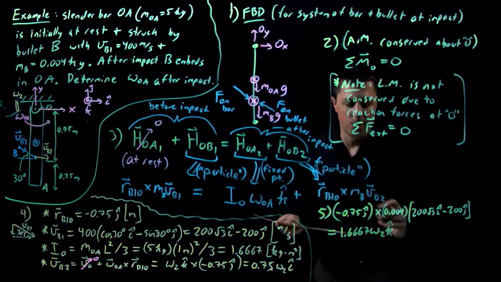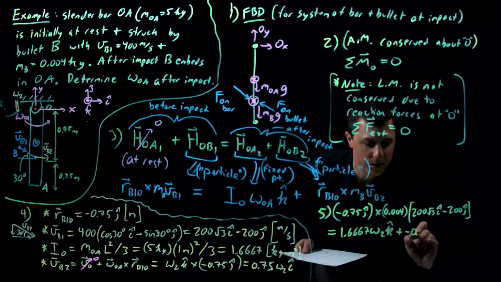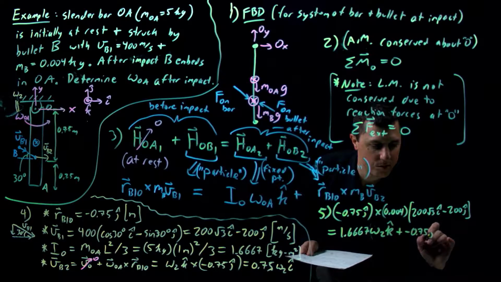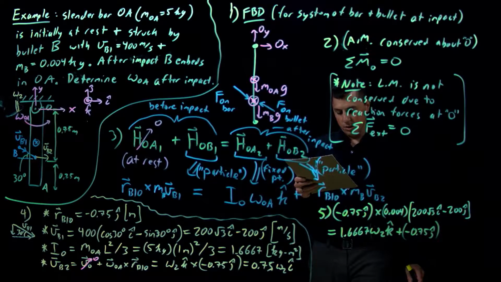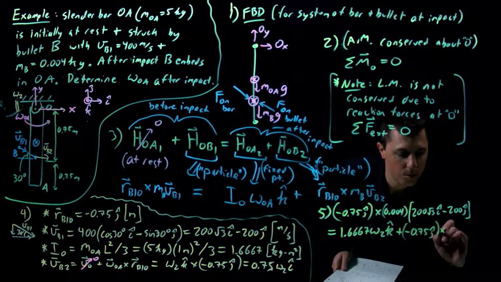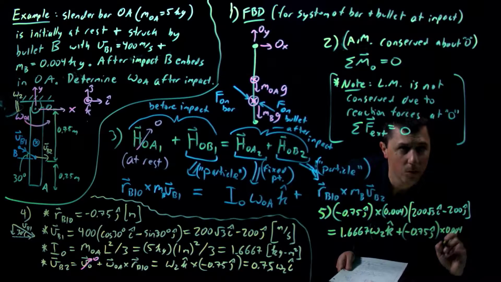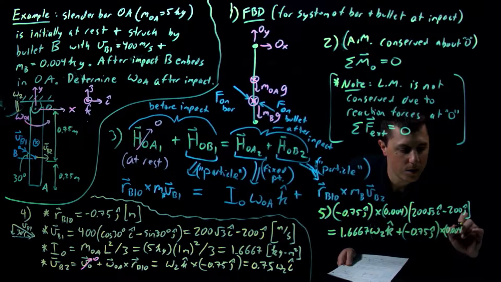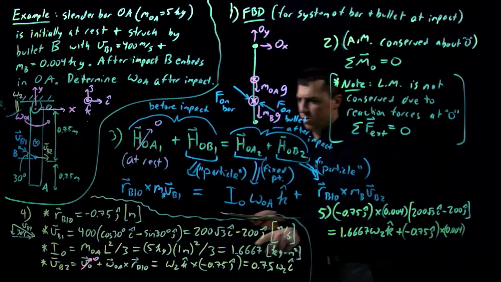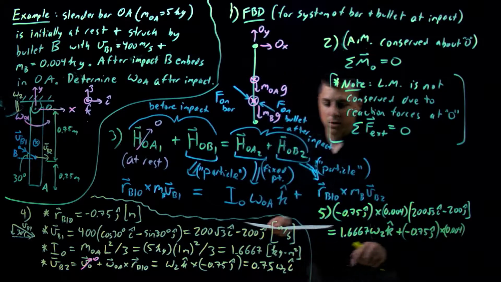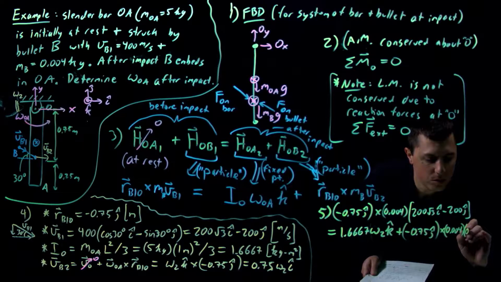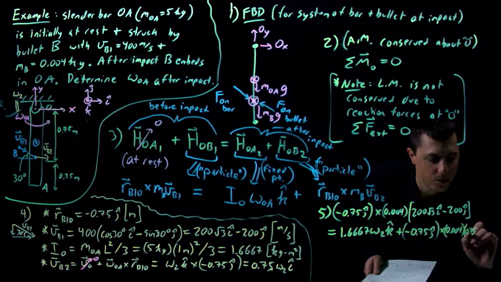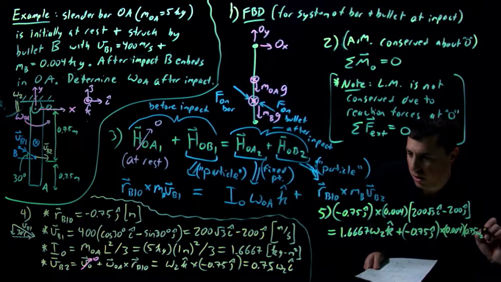Plus this last term, which again we have minus 0.75 j hat for that relative position vector, crossed into 0.004 multiplied by VB2, which we've now written in terms of omega 2 as 0.75 omega 2 in the i hat.